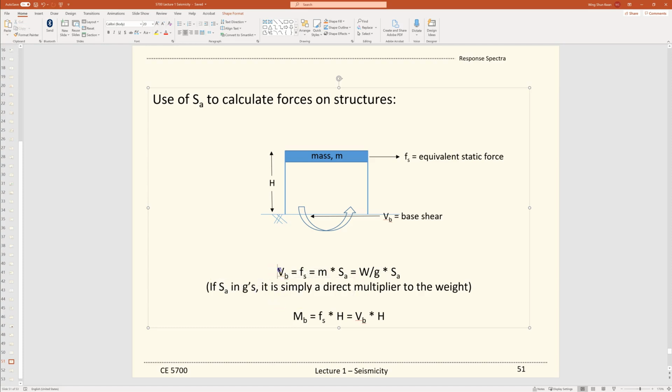So the base shear under earthquake excitation will be a direct multiplier of the weight, because these two cancel out, and this will be in terms of how many g's, maybe 1.1 g, and then this is your weight. So the base shear will be equal to the weight times 1.1. And the moment will be equal to the equivalent static force, which is equal to the base shear we calculate, times the height of our simplified structure.